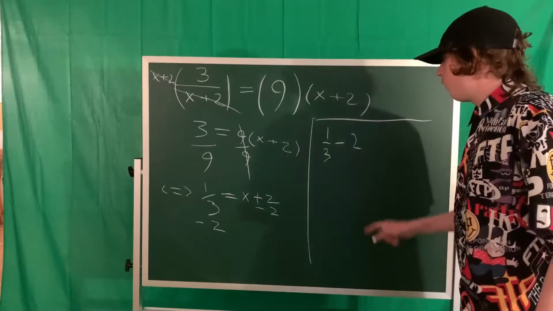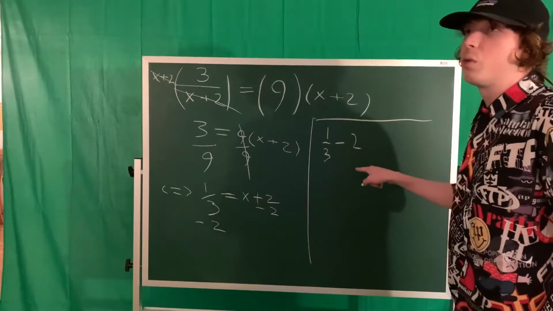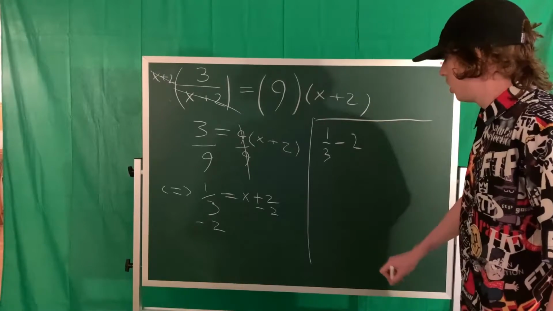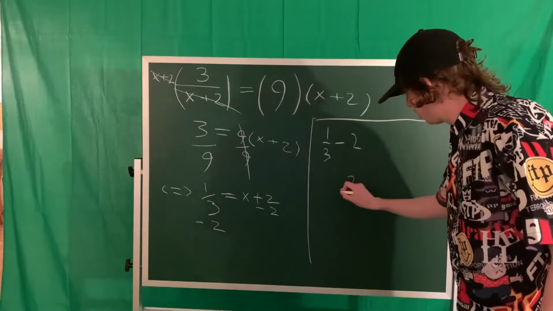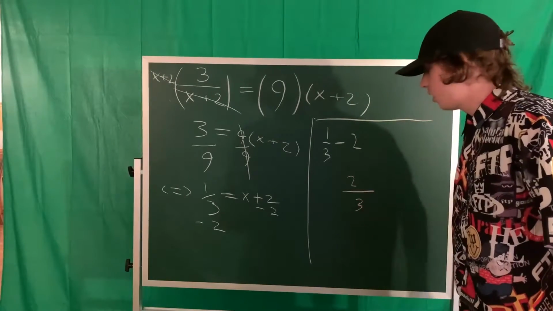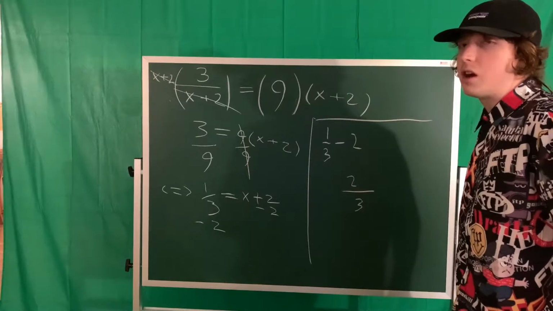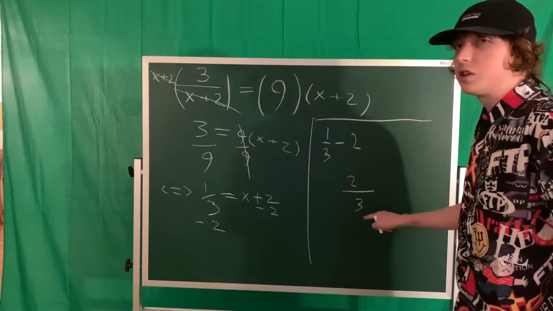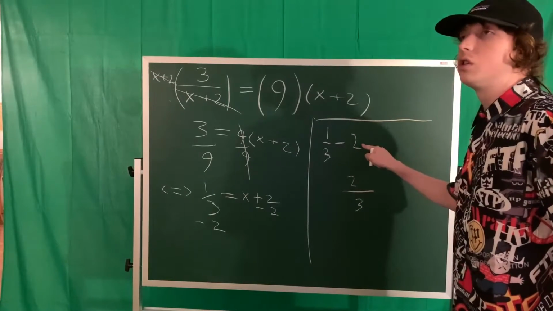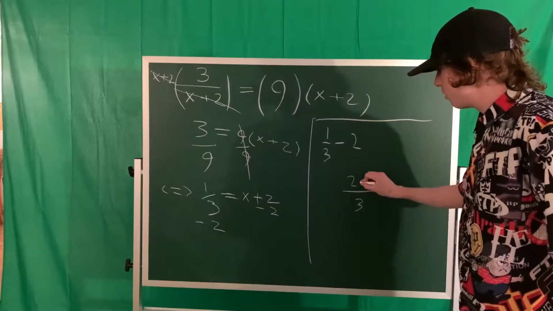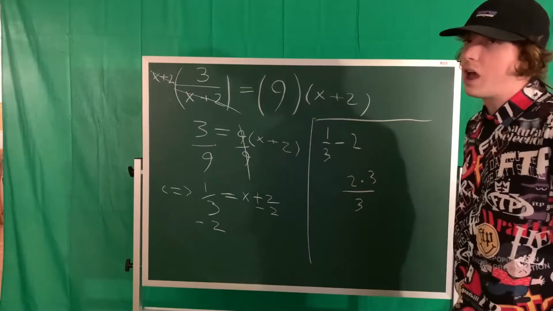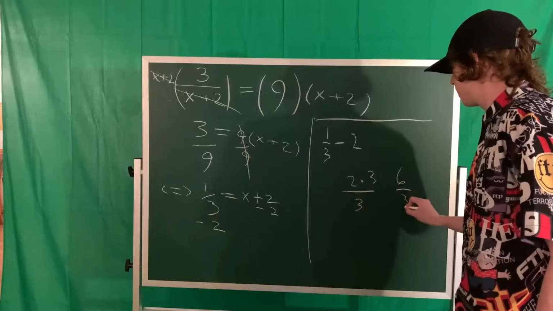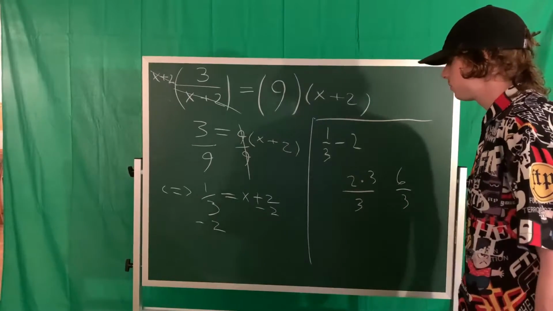Well, if we were to have this 2 over 3, we would have to multiply the 2 by 3. Let me show you. So if I wanted this 2 to be over the denominator 3, this would still have to be equivalent to the value of 2. So we would have to multiply that 2 by 3 as well to keep it the same, which would give us 6 over 3. 6 divided by 3 gives us 2.